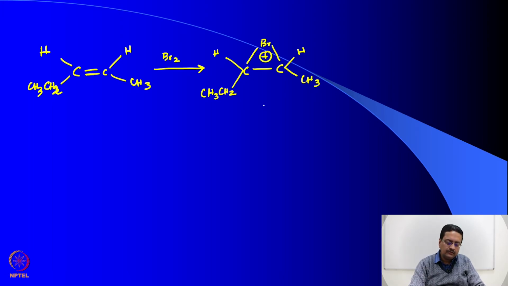Now, when we add water molecule to this, when the attack happens from the left hand side carbon, the more substituted carbon here, then what you would get is this one.